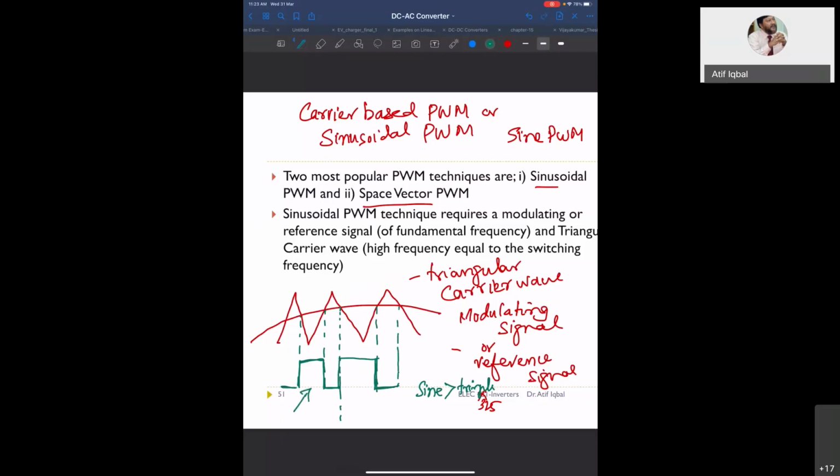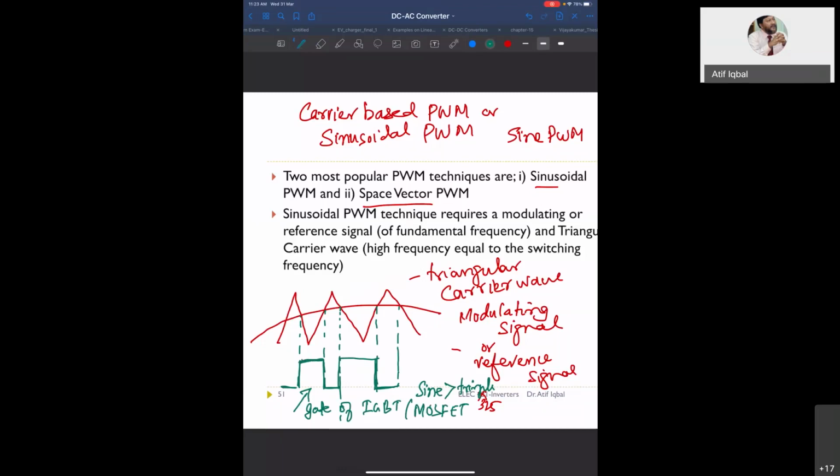These pulses are called PWM pulses or switching pulses. These pulses are given to the gate of the MOSFET or IGBT, or the base of the BJT.